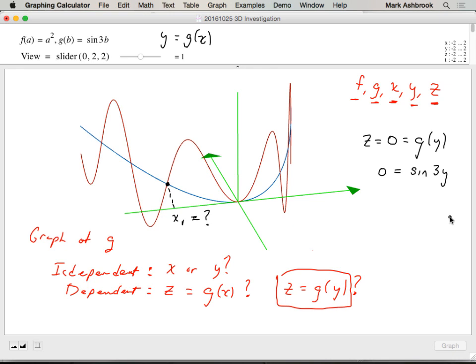Not 3b. It's nothing to do with b. B is just a placeholder for the independent variable. Our variable is not b. It's just taking the place of the independent variable. When we graph, our variable is y. Y is what's varying. So where do we go from here? We want 0 equals sine 3y.